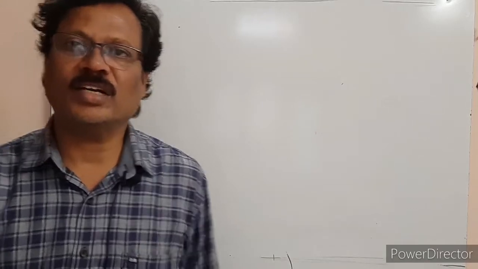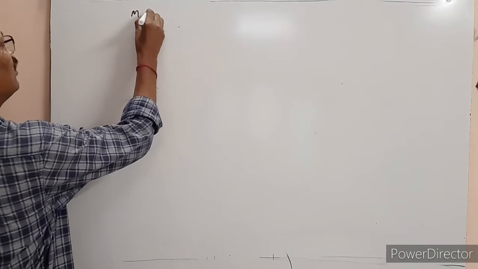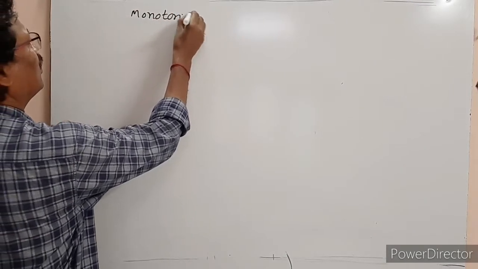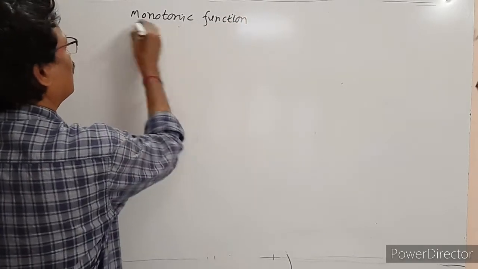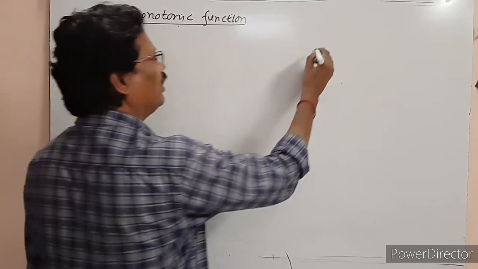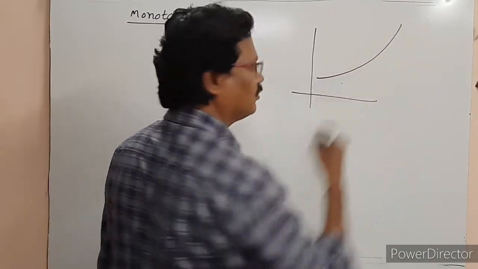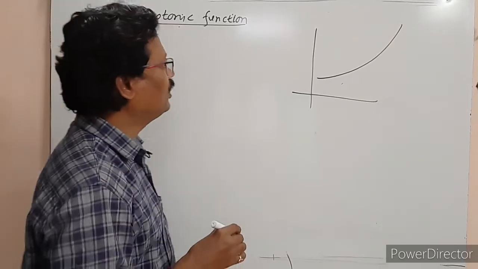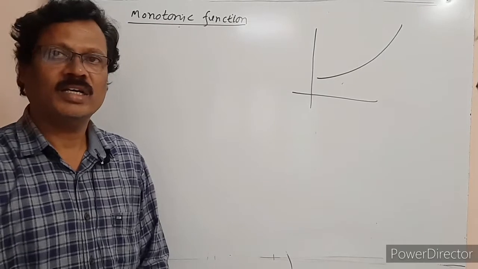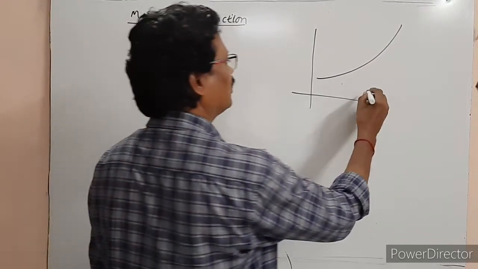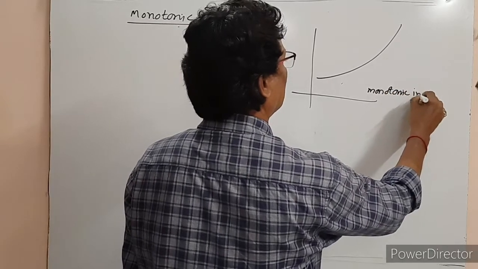Now next let us see the monotonic function. What is a monotonic function called? Now if you see the graph of this one, this graph is strictly increasing. Every strictly increasing function is called a monotonic increasing function.